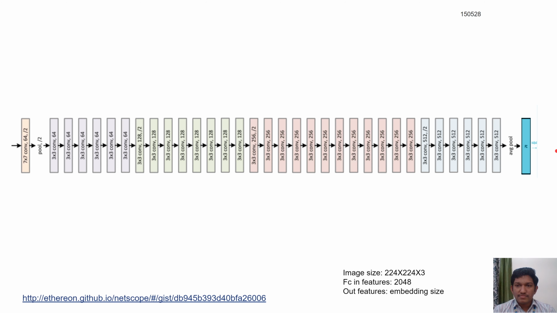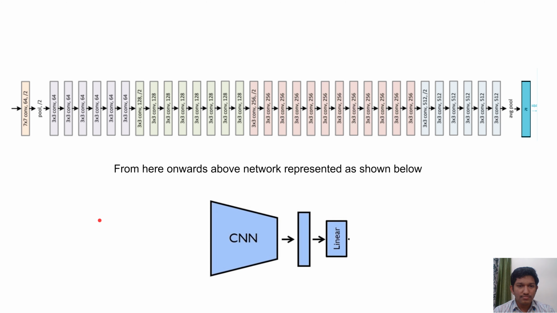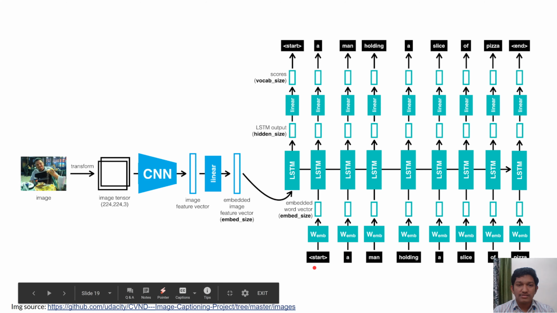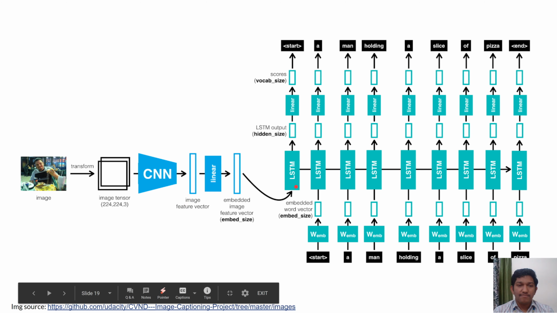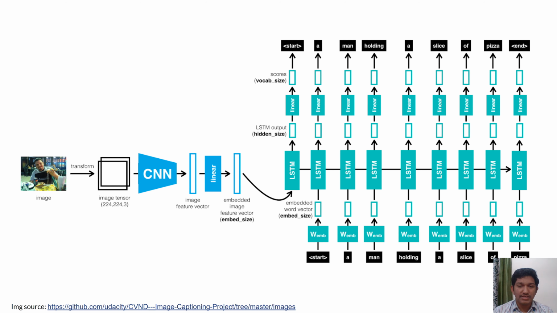After that, this whole thing makes our CNN. From here onwards, we represent this as one block. Whenever any image is given as an input, the whole flow goes on. This completes our architecture of the CNN-RNN model.